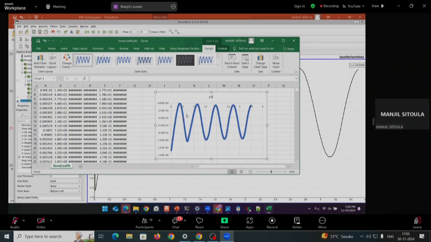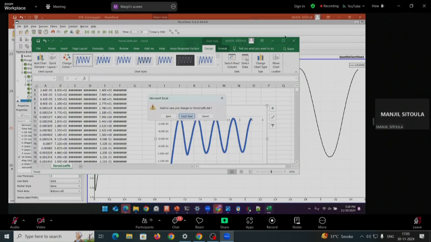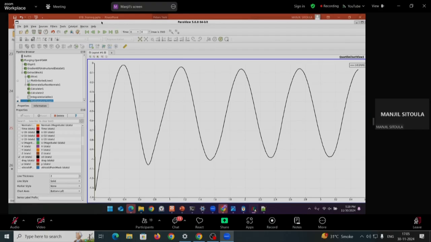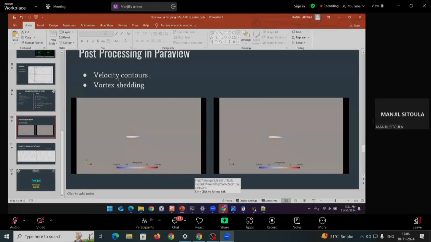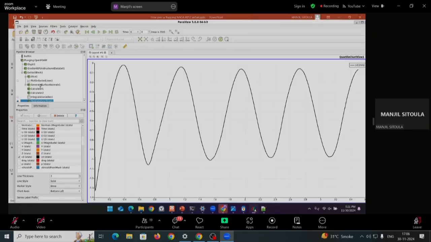It's better to plot using the force coefficient data because these are calculated by the open source built-in functions. So we have seen the velocity contours and the vortex shedding phenomenon. In this way, you can plot the various parameters in ParaView and post-process the results.